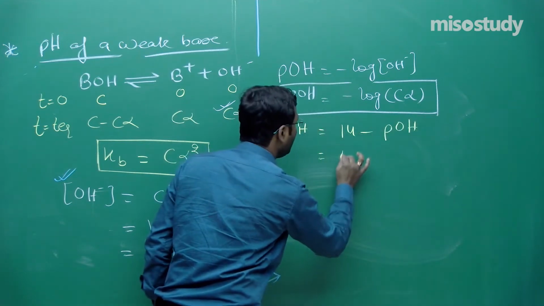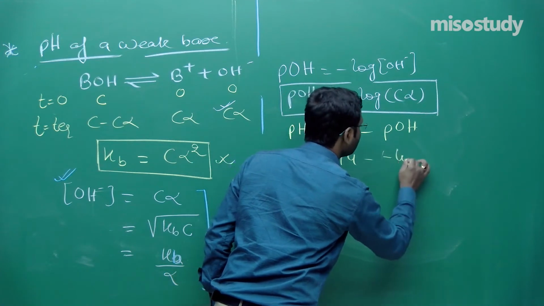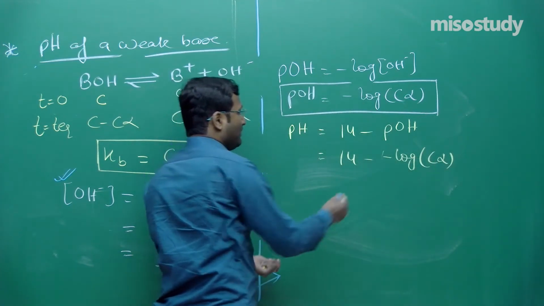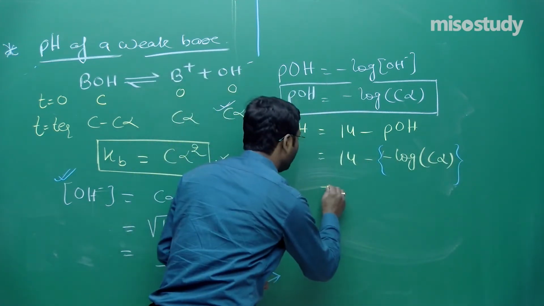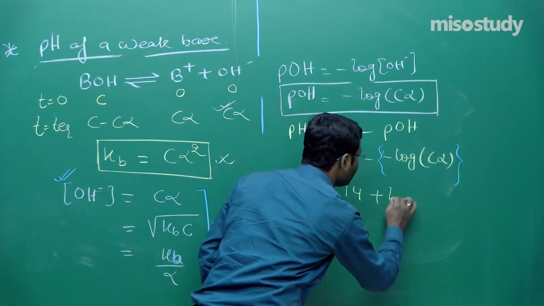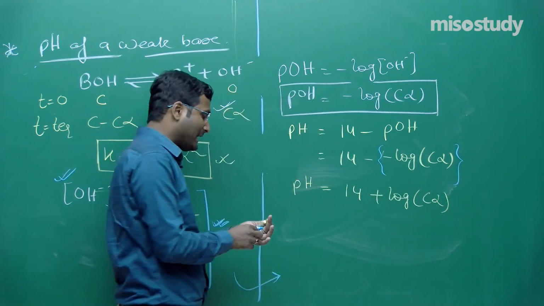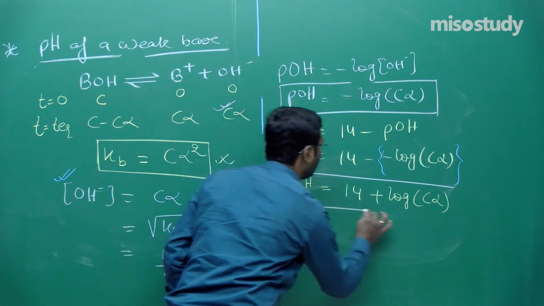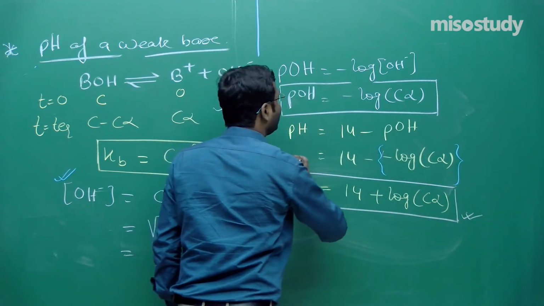Now put this value, 14 minus, now minus log C alpha. Then pH will be equal to 14 plus log C alpha. This is the expression for pH of a weak base. I hope you all are getting this.